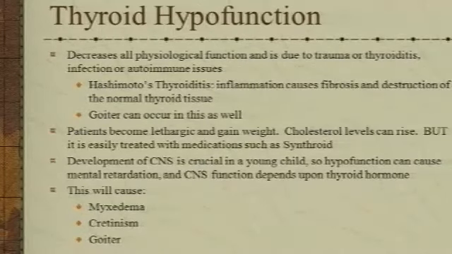Goiter can happen. So what's happening with goiter is you're getting a release of that thyrotropin releasing hormone. You're getting a release of thyroid stimulating hormone. It's getting to the thyroid and it can't make T3, T4. So if you're not releasing levels of T3 and T4 into the blood, we don't have that signal going back up to the hypothalamus to shut it off.